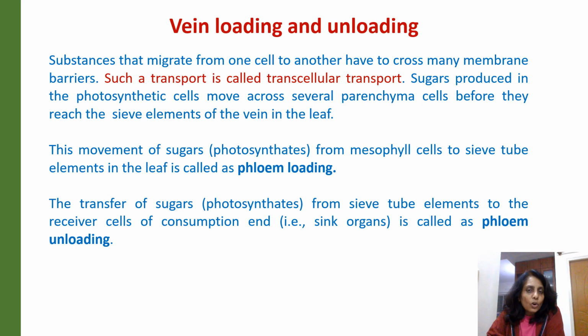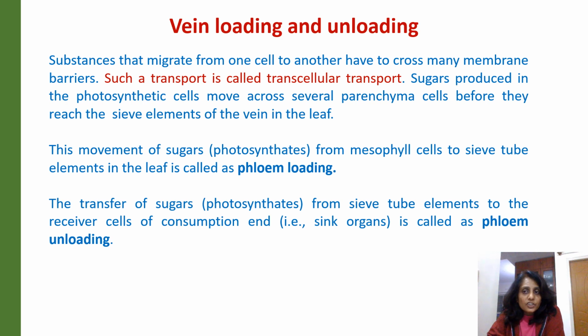Let us have a look at what is vein loading and unloading. So substances, or the organic food material, are prepared in the mesophyll cells of the leaves. Now these substances that are prepared have to migrate from one cell to another cell through many barriers, which is called the transcellular transport.